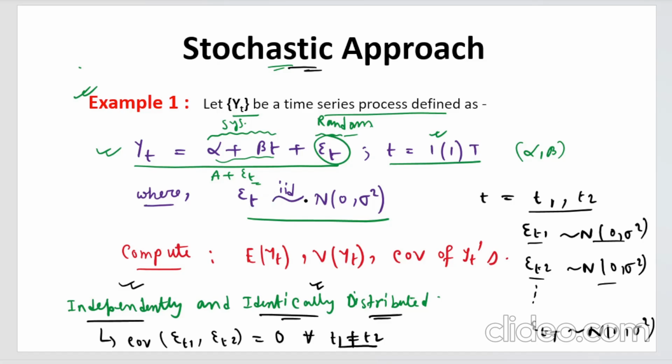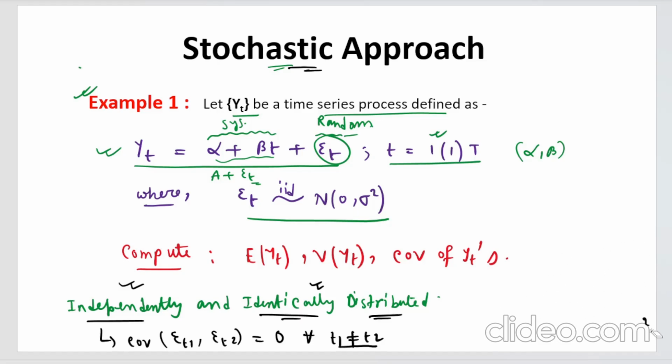Epsilon t's are IID normal 0 sigma square means that every epsilon t follows the same distribution, that is normal 0 sigma square according to this question, and they are also independent in nature. It means that there is no covariance between any number of epsilon t's you consider. Okay, now let's get back to the question. Let me erase this part.